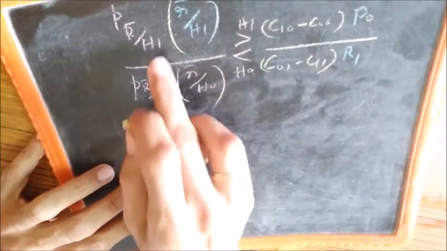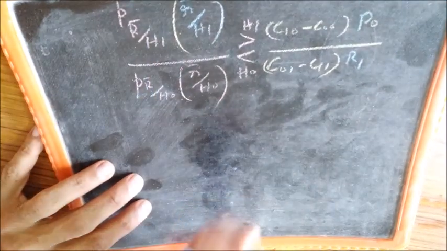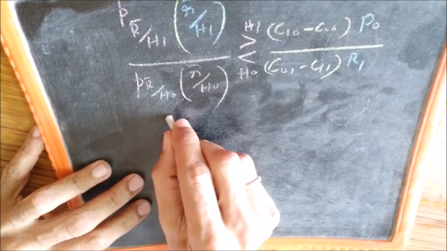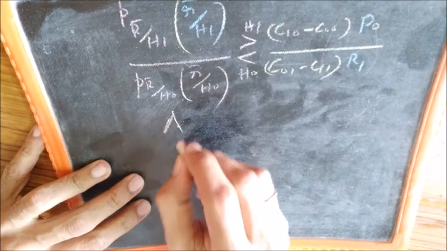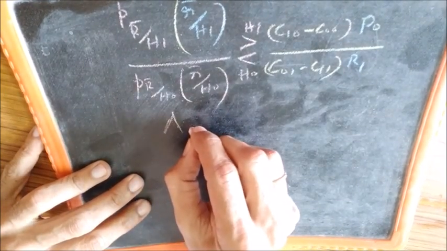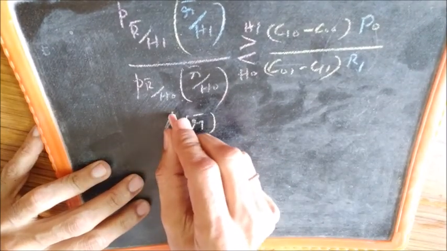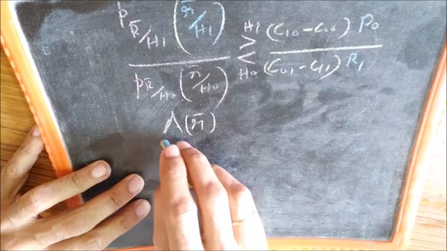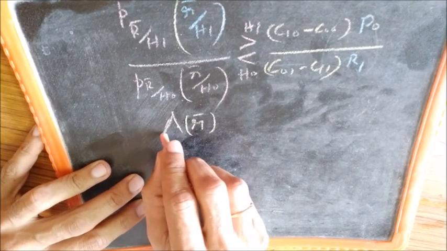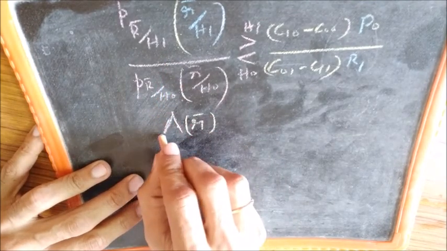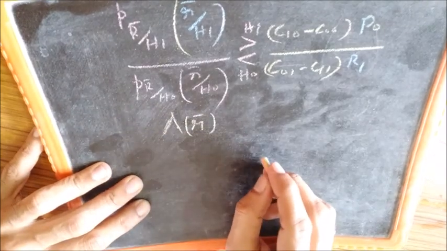Now, the ratio that we have on the left hand side is known as the likelihood ratio, and in our future discussions we will express this likelihood ratio as capital lambda.